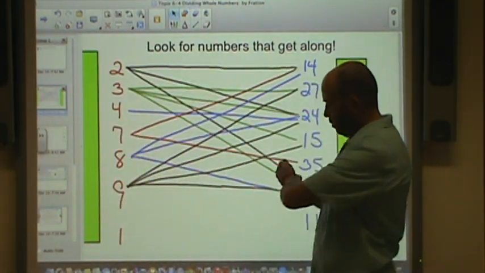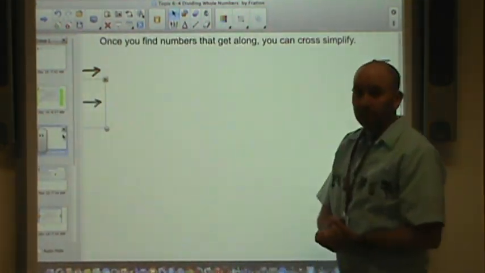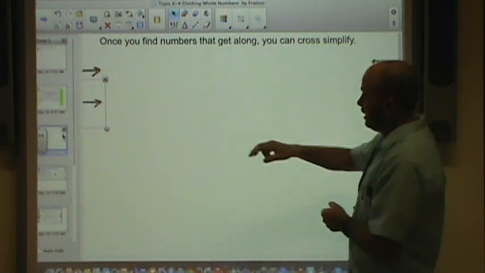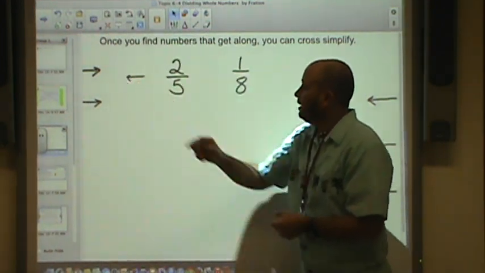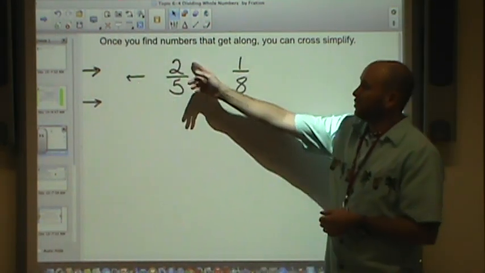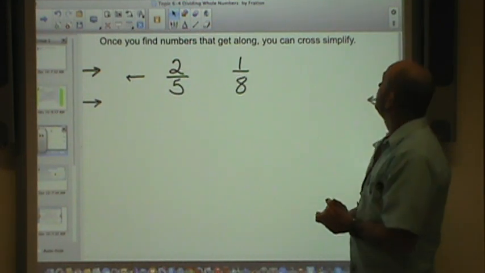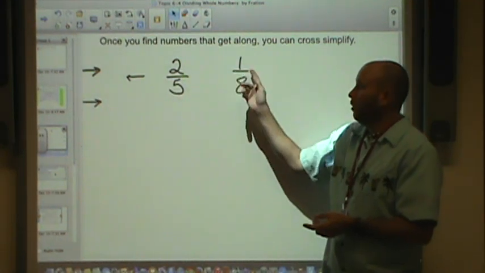All right. So what we're going to do, let's take a look at some numbers that are compatible and how they operate together. Let's take a look at this set of numbers. Okay? We have two fractions. We have 2/5 and we have 1/8.